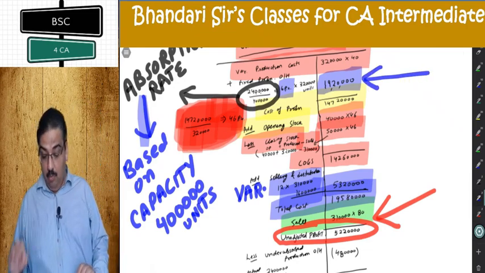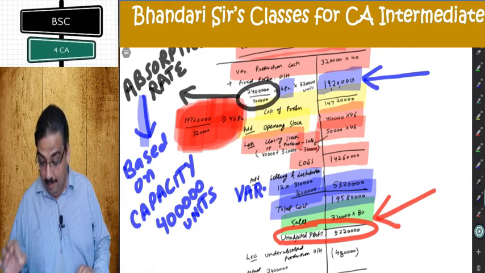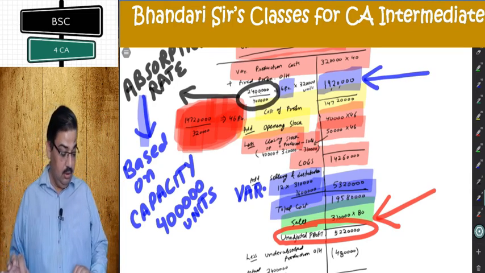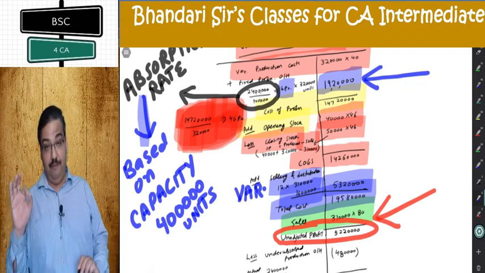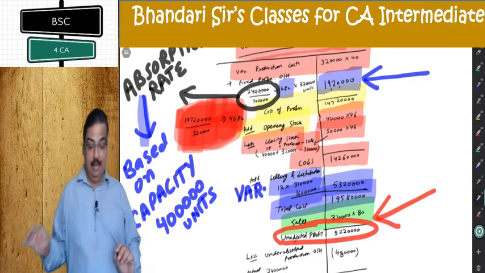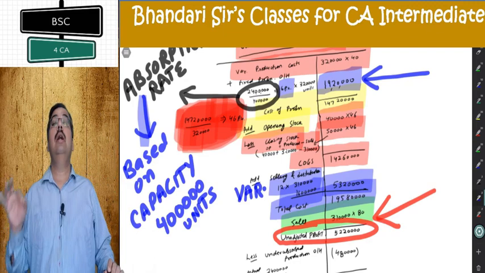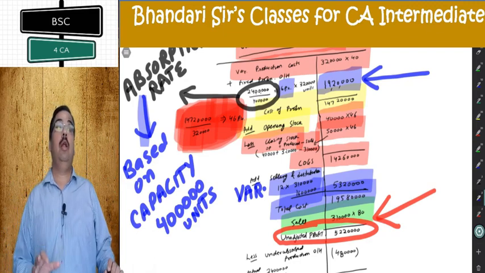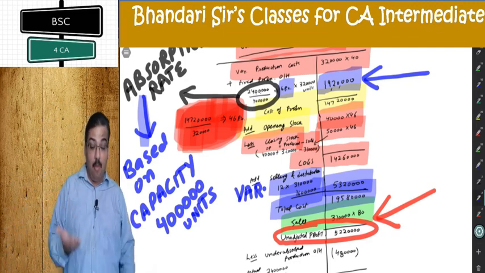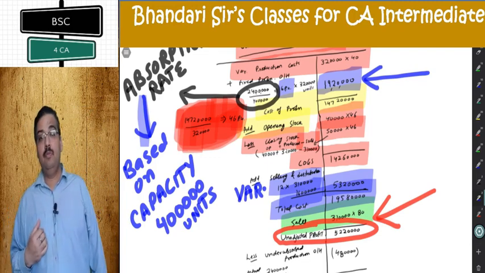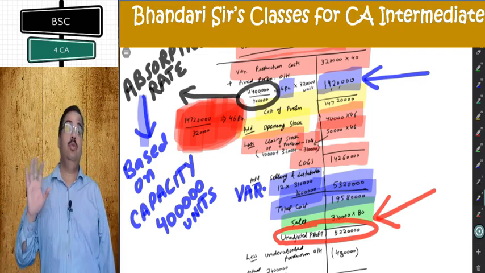And how much was the fixed production overhead amount? It was 24 lakh. The difference between 24 lakh and 19 lakh 20,000 is under absorbed production overhead. Why under absorbed? Absorbed is 19 lakh 20,000, actual is 24 lakh.